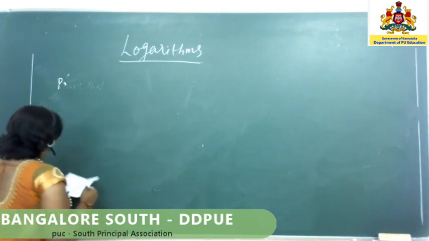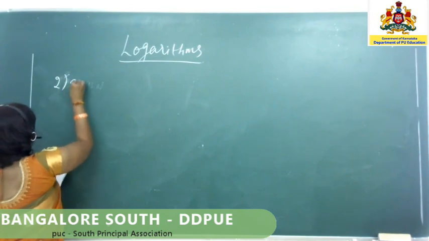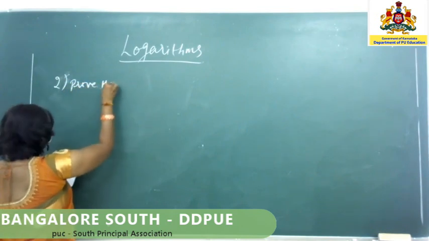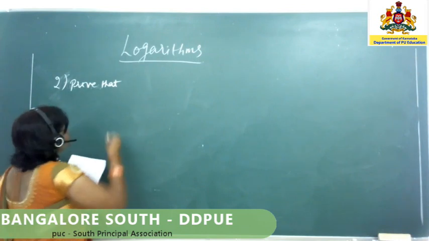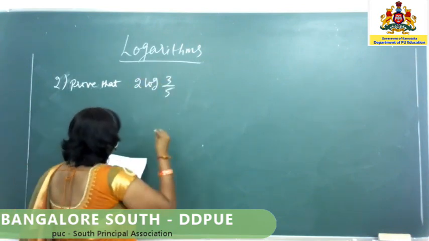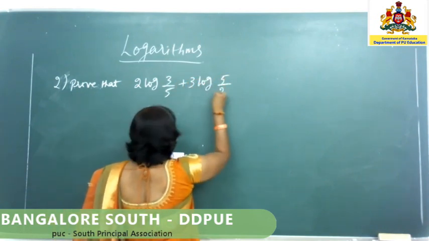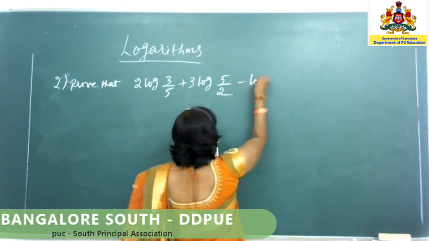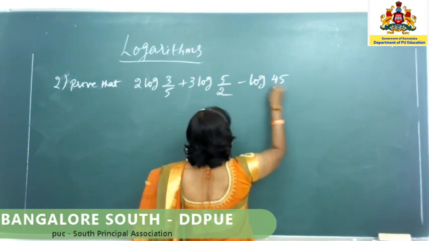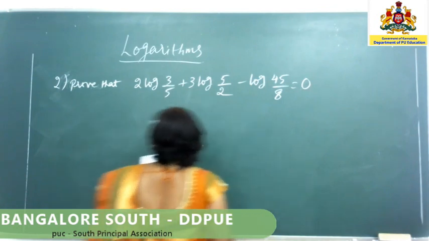Next question. Prove that 2 log 3 by 5 plus 3 log 5 by 2 minus log 45 by 8 is equal to 0.